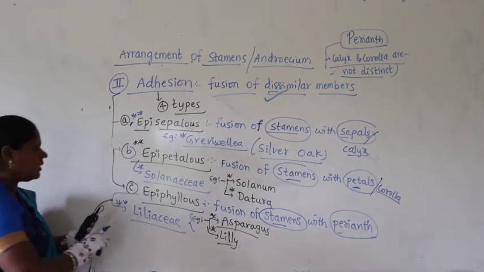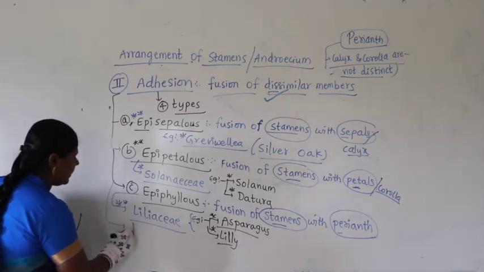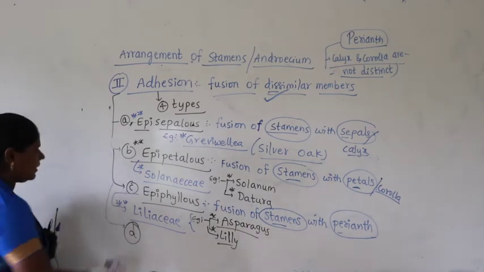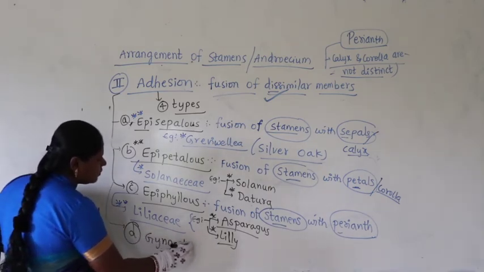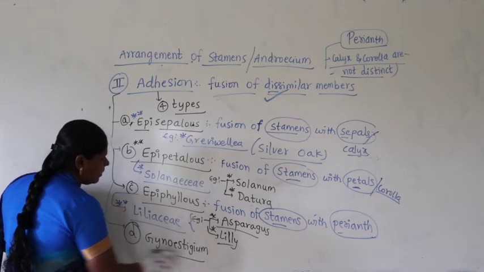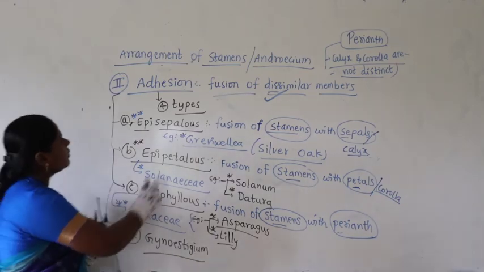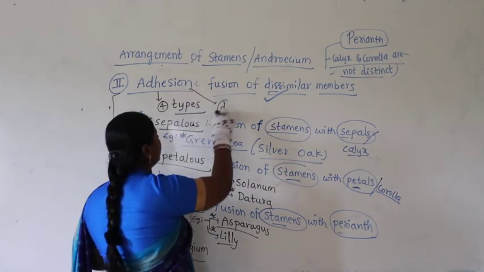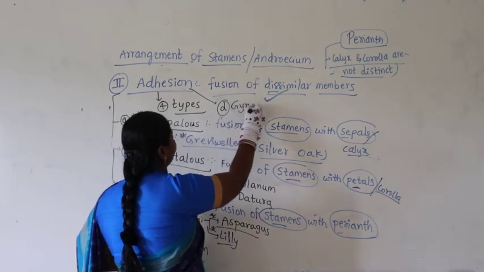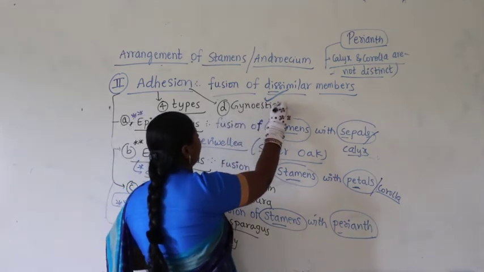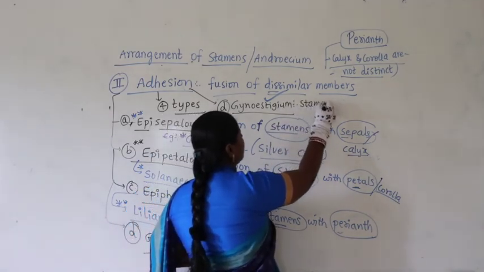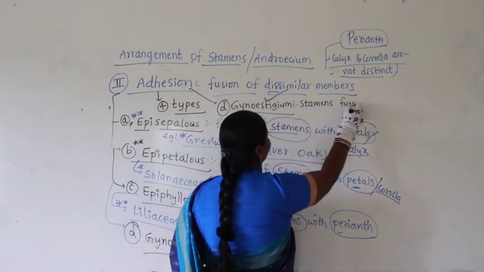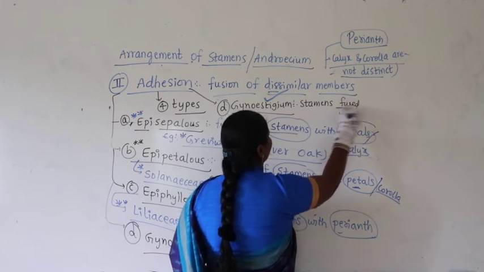Now, next category, let us take the fourth category, D category. What is D category? Gynostegium. Let me write the gynostegium fourth one here. What is the meaning of gynostegium in this case? We say that stamens are fused with gynoecium.